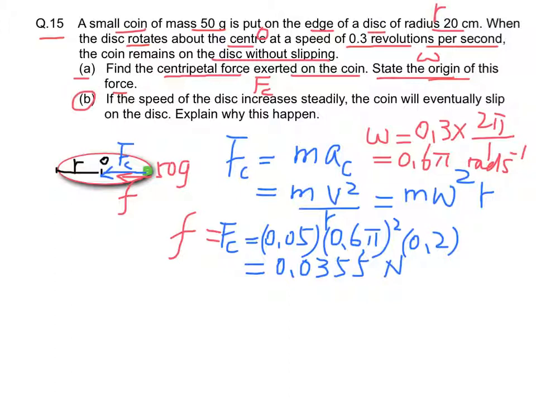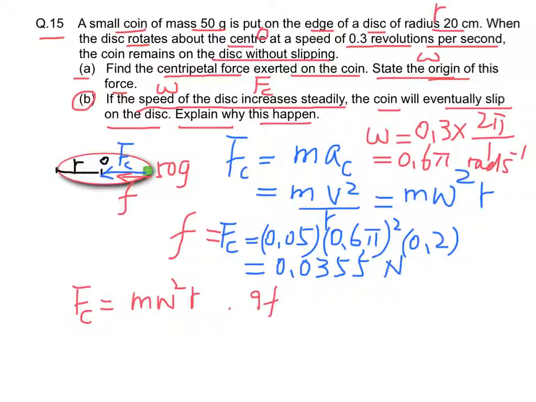Part B. If the speed of the disc increases steadily, the cone will eventually slip on the disc. Explain why this happens. Since centrifugal force equals m omega squared r, if the angular speed increases, then the centrifugal force on the cone must also increase.